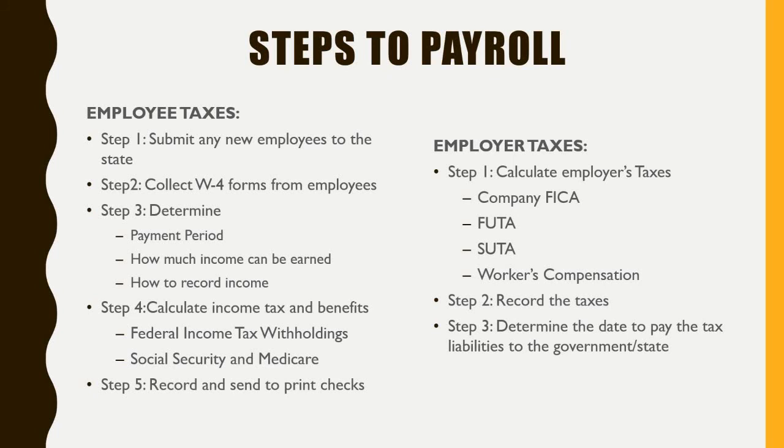It's going to be split into two separate taxes that you have to compute. One of them is going to be for employee taxes, and then you're going to have to deal with employer taxes. So once again, we're going to talk about all these steps in the next couple slides.